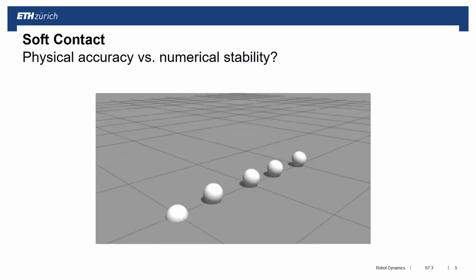Now, one of the biggest problems in soft contacts is that we have to trade off between physical accuracy, what are the actual stiffnesses and the actual damping parameters, versus what makes your simulation numerically stable. So by tuning this Kp and Kd at the contact, I can achieve various different behaviors as you see them here.